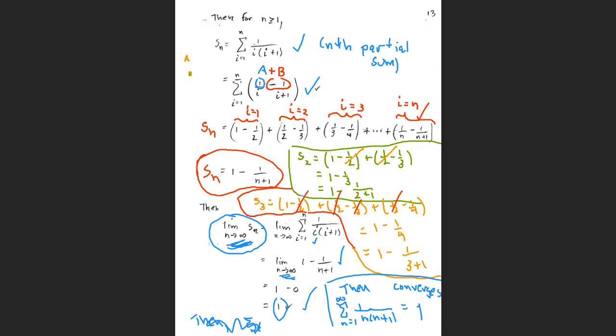So that was another way we can establish if the series converges, we can find its sum by looking at the nth partial sum and finding the limit of the nth partial sum. And in this case, the nth partial sum does have a limit. It equals 1. And so the series equals 1.